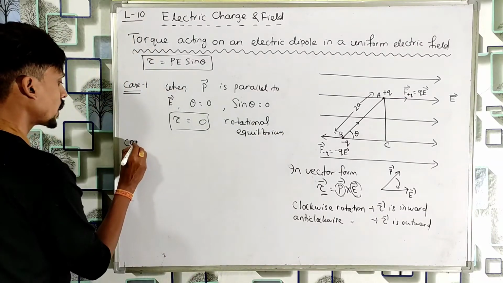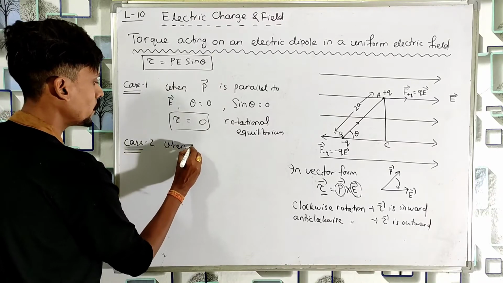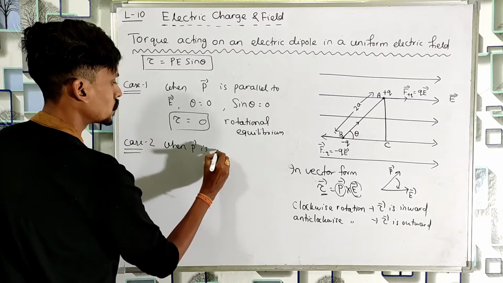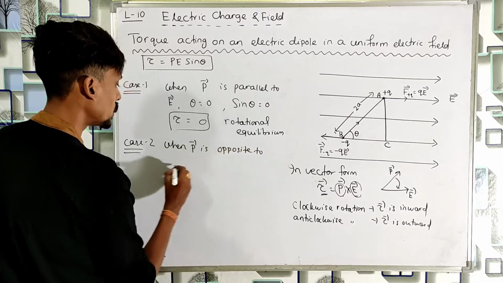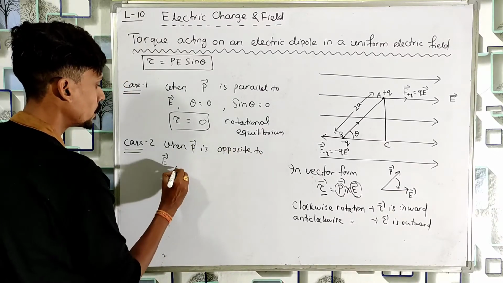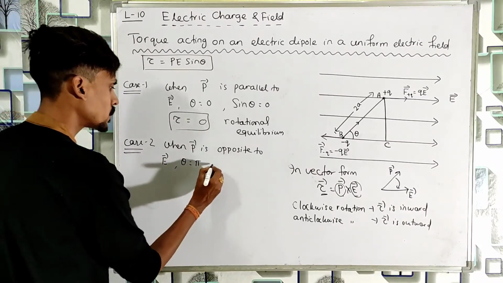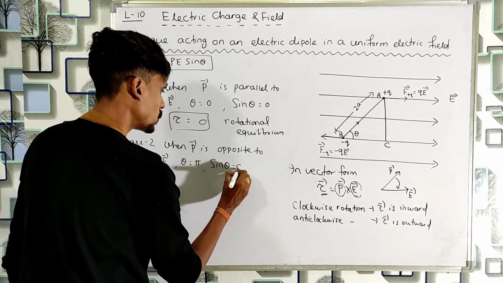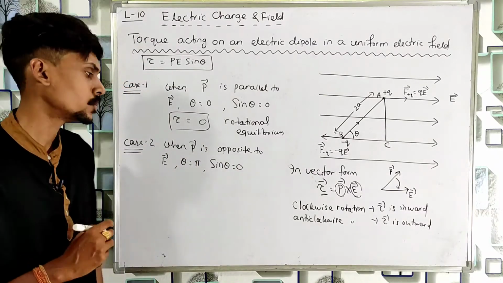Now look at case number 2. When the P vector is opposite to the E vector, meaning theta equals pi or 180 degrees, sin theta is also 0, because sin pi or sin 180 is also 0.